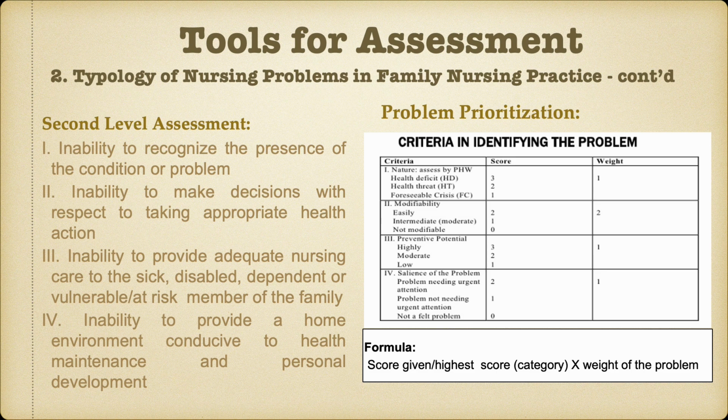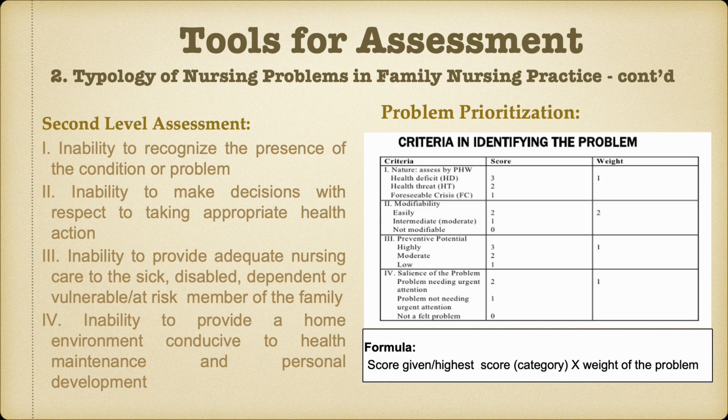We mentioned kanina that the wellness state will not be included in prioritization of the problem since those are not problems. Then we have the modifiability of the problem, which refers to the probability of success in enhancing the wellness state, improving the condition, minimizing, alleviating, or totally eradicating the problem through intervention.